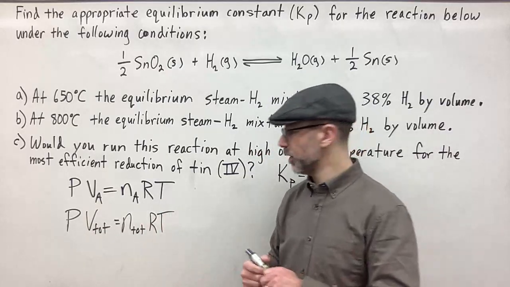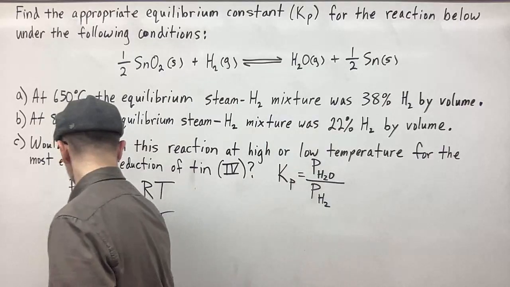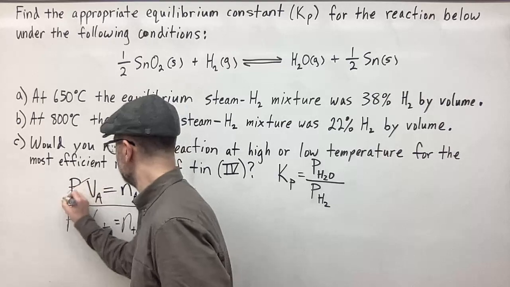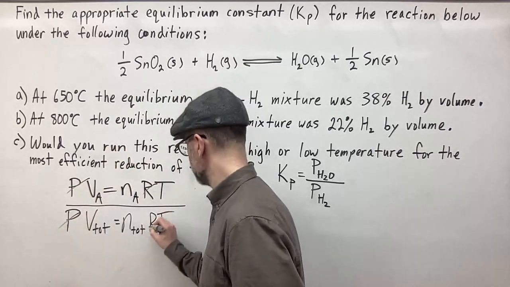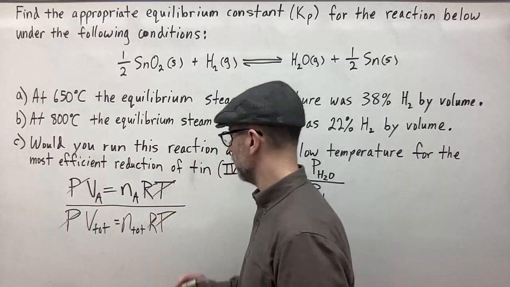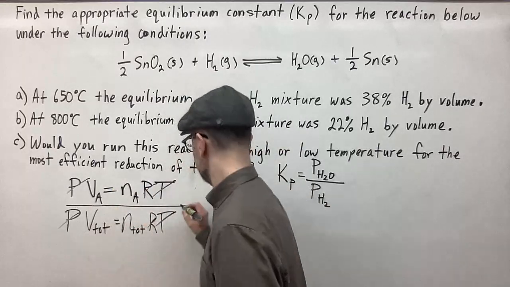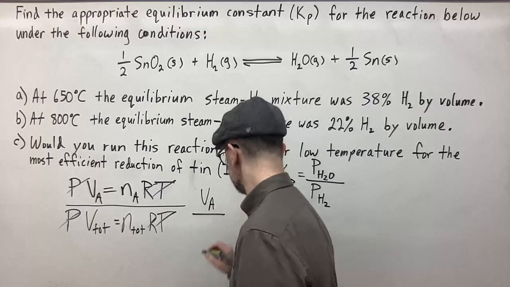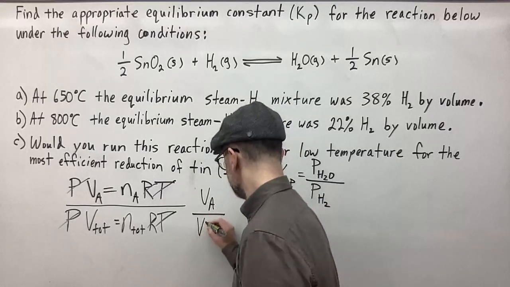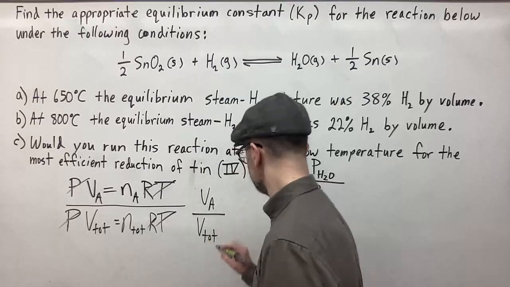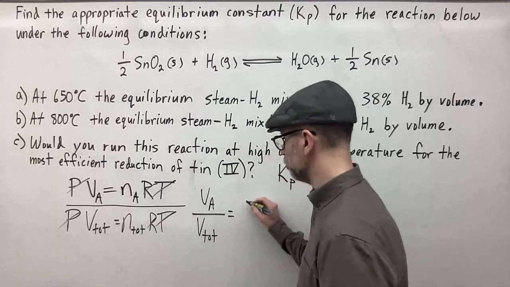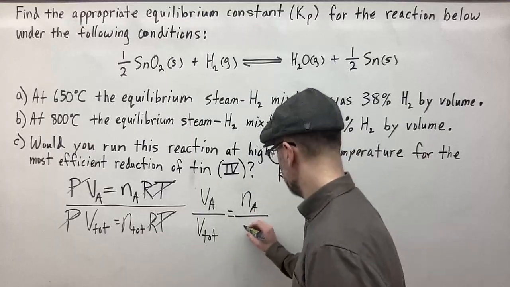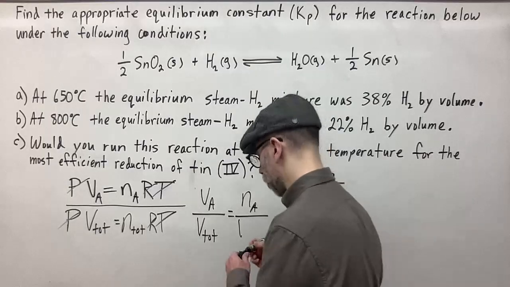If we find the ratio of these two equations, then pressure is going to cancel out, R is going to cancel out, temperature is going to cancel out, and what we're left with is this equation here. The volume of A over the total volume is equal to the moles of A over the total moles.